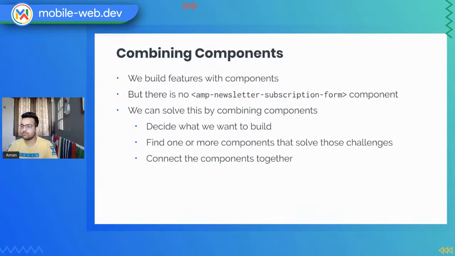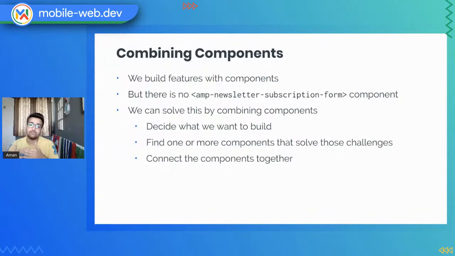You remember how we were combining components when we were trying to create the AMP carousel. We used the AMP carousel component, and then we inserted amp-img inside it, and that is how you can create different AMP components. You have to be creative in this. If you want to create a new thing, you just need to embed something inside an existing component, because if you are going to create a newsletter subscription form, there is no component that exists as an AMP newsletter subscription form, right?